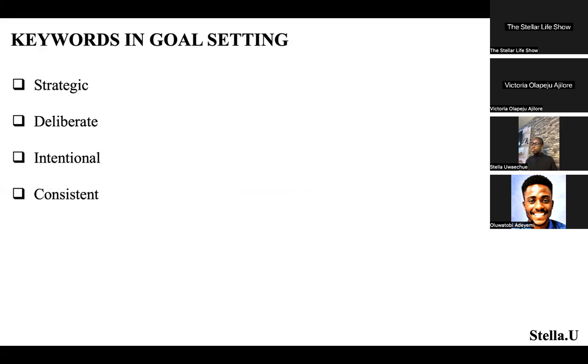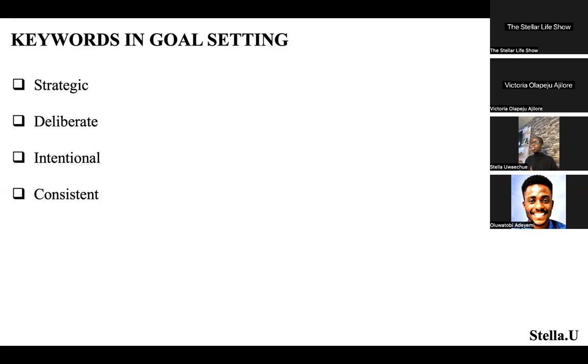It's just saying that you are purposeful, you know why you're doing it, and then you also have to be consistent because, like we saw in the previous picture, when you're learning to achieve goals, sometimes you might not get it at one attempt, but you have to keep going. You have to keep repeating. Just like they say, practice makes perfect. So intentionality is very, very key.